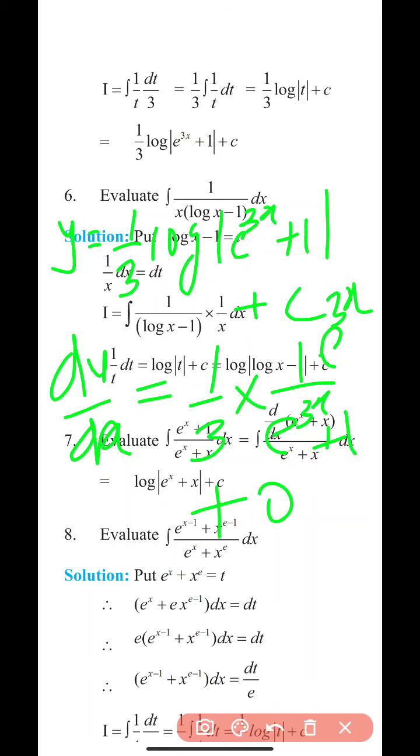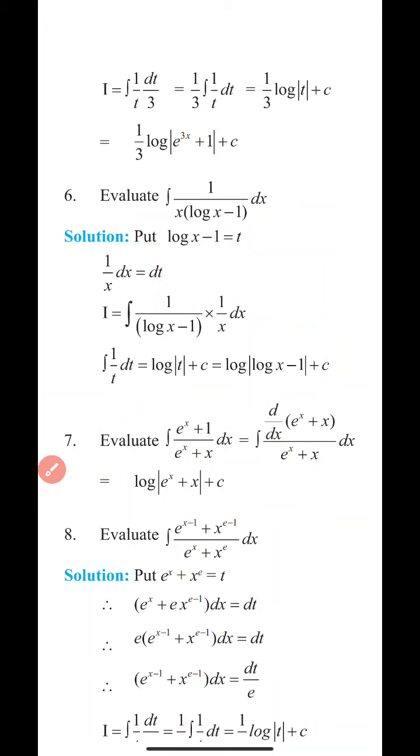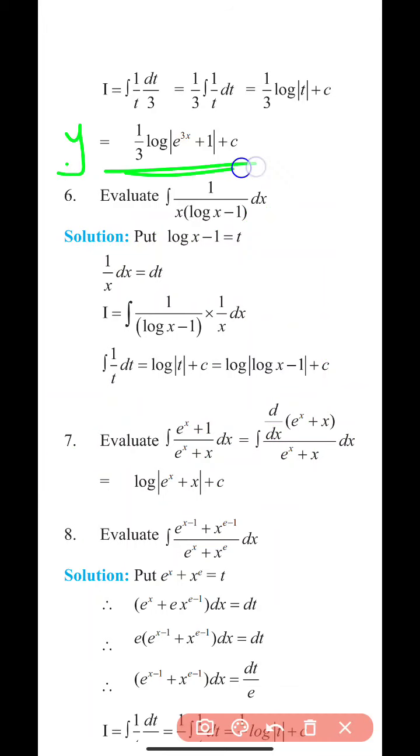Here it should have been, I'll just write it properly once again. So this whole thing is equal to y, so dy by dx will be equal to 1 by 3 as it is.